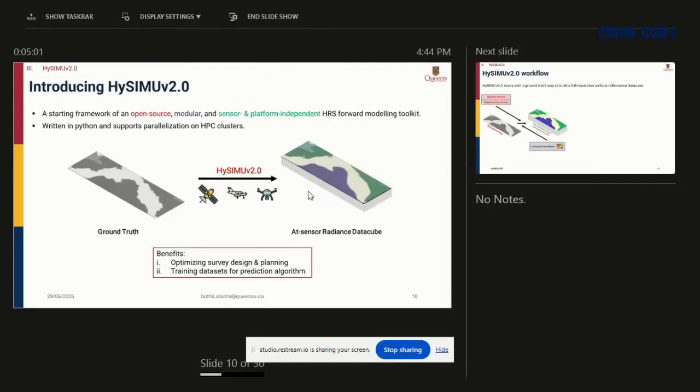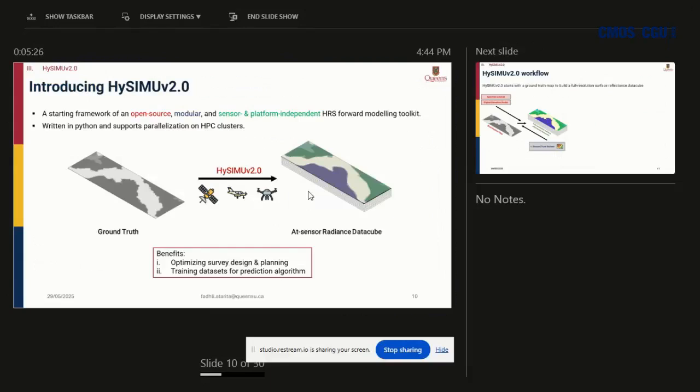And now I'll introduce you to HiSimu. It is a starting framework of an open source, modular, sensor and platform independent simulator. It's written in Python, so it's open source, and it's for parallelization. What it does is, if you have ground truth, which is the representation of the surface material, HiSimu will take that ground truth and transform it into an at-sensor radiance data cube.